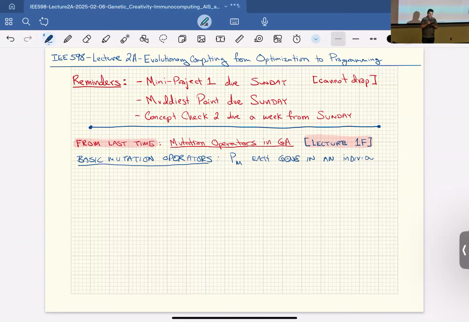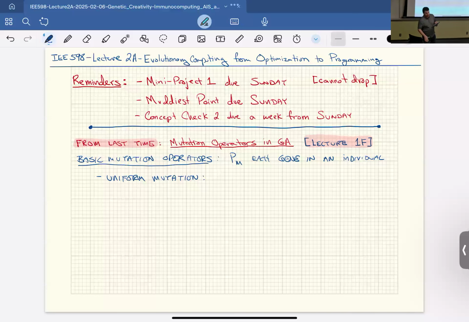But how you do that mutation varies. In so-called uniform mutation, the simplest way to implement it is to just draw uniformly from all possible alleles for that gene.